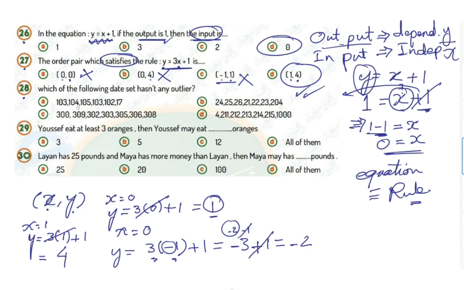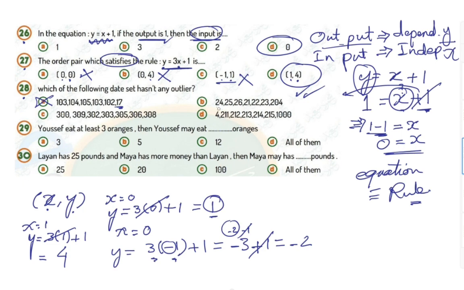Note with me. Option A, I have 103, 104, 105, 103, 102, and 17. Of course, 17 is an outlier. So this group of values has an outlier. So it's false.